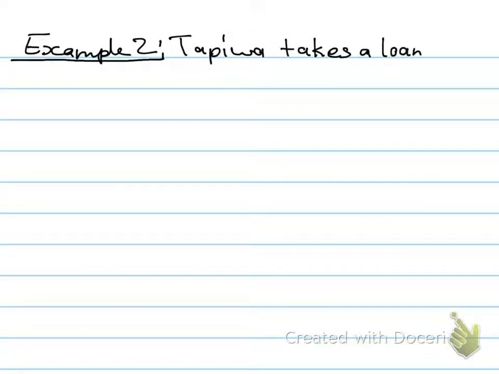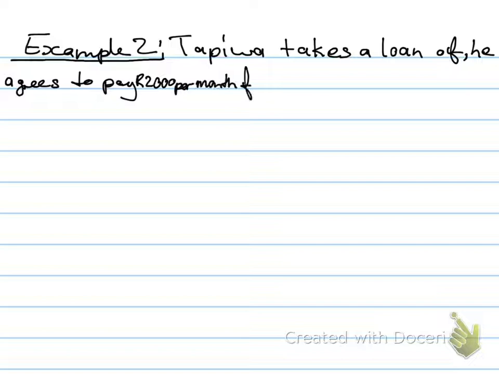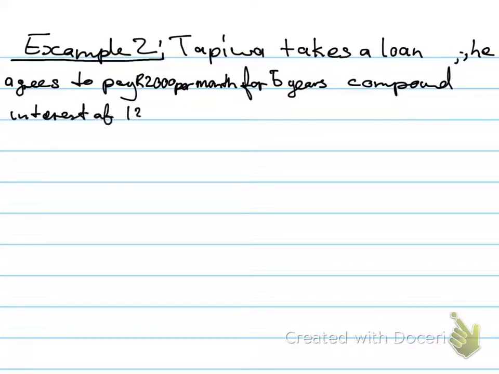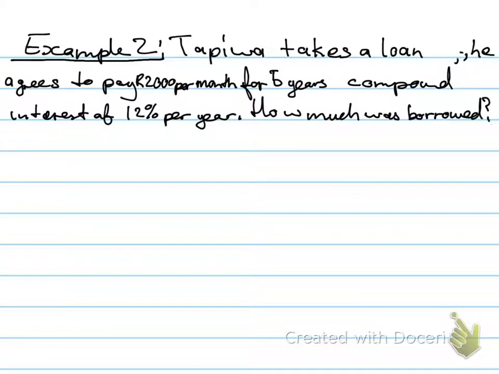So here we've got Tapiwa takes a loan, and he agrees to pay 2,000 per month for 5 years, compound interest of 12% per year. How much was borrowed?